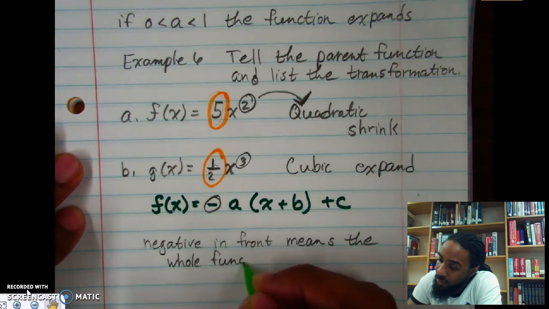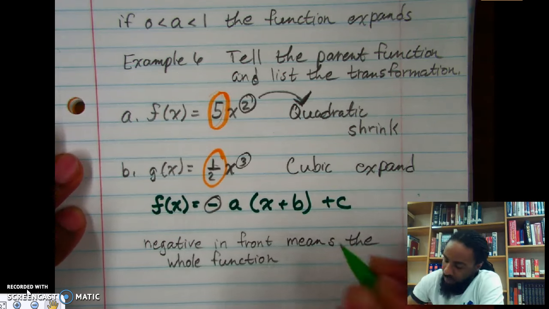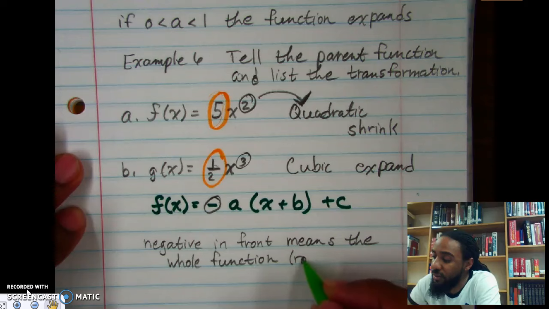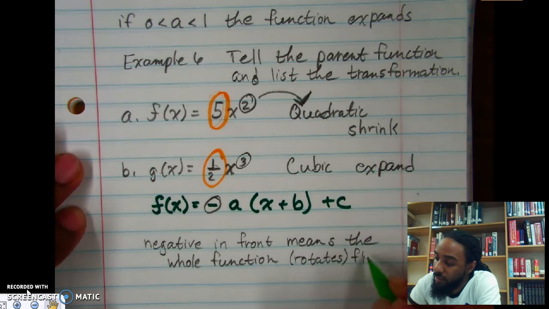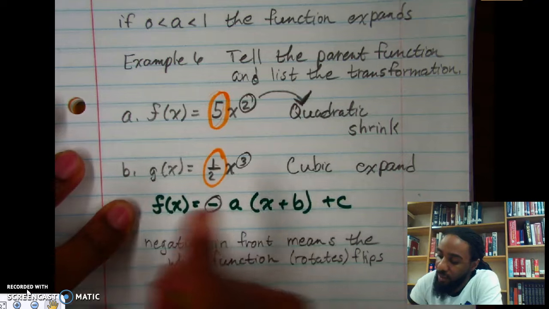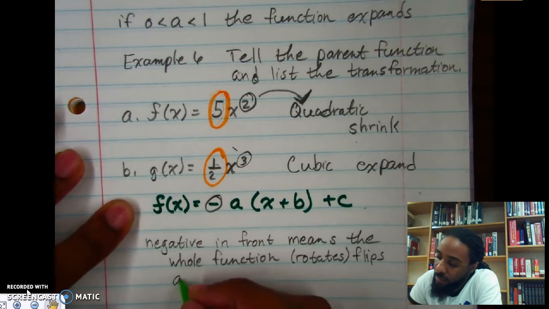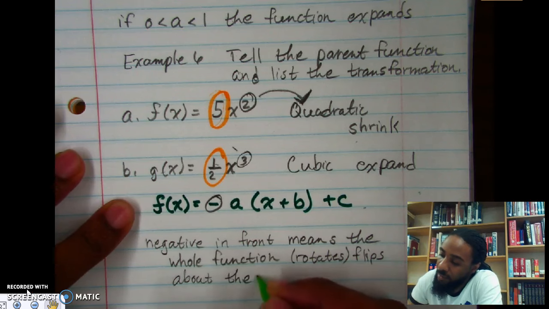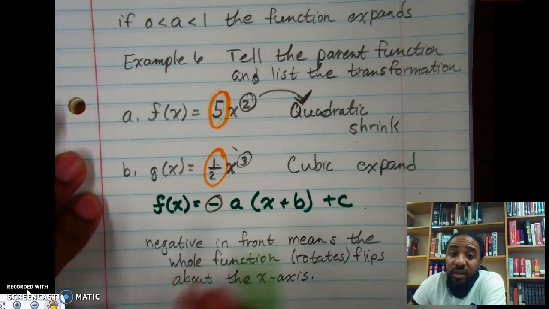The whole function rotates or flips around the x-axis or about the x-axis. Let's do about. I like the word about. If it's positive, it just stays the same.